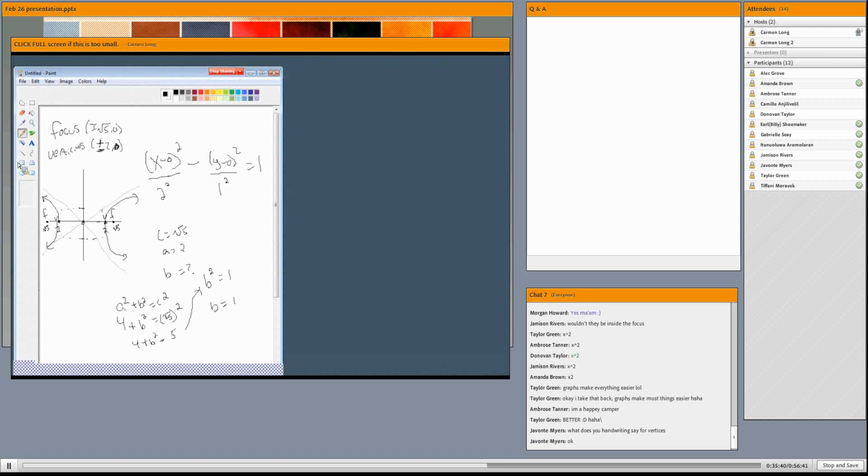Okay. If the A and the B are the same, then it's a circle. Okay. If the A and the B are not the same sign, ellipse.